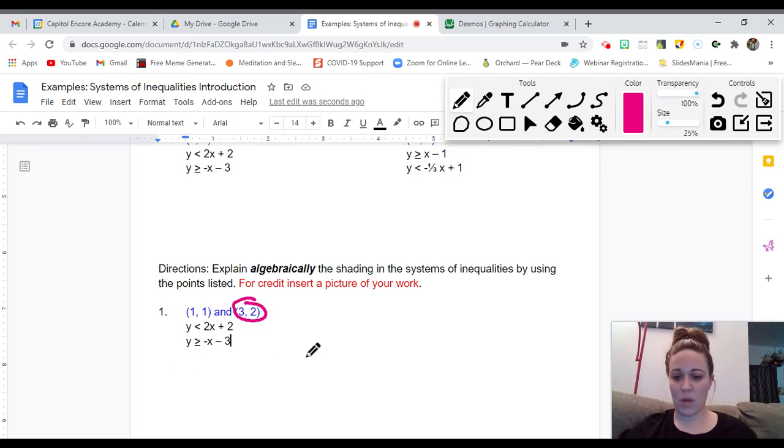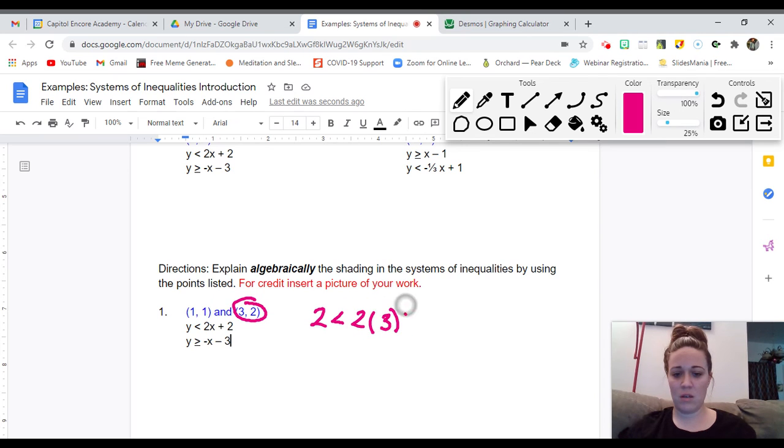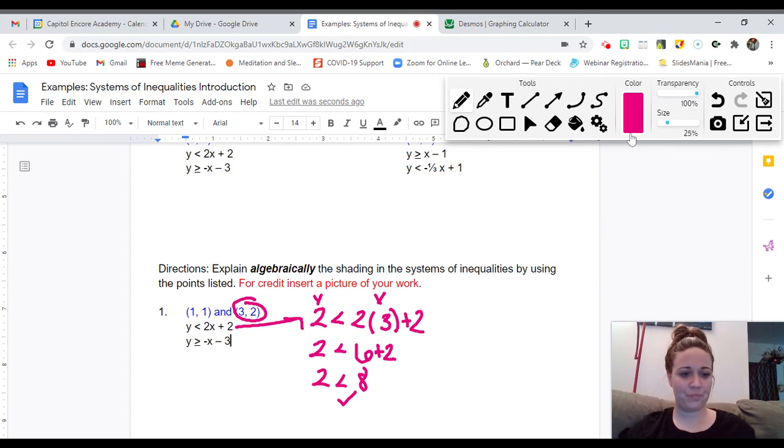So for my very first equation, I'm going to use the y value of 2 is less than 2 times 3 plus 2. Okay, and again, I'm using the first equation. This is my y. This was my x. So is 2 less than 6 plus 2? Is 2 less than 8? Yes, that is a true statement. And on the second one, I'm going to be using the same point, 3, 2, but I'm going to be using this particular equation.